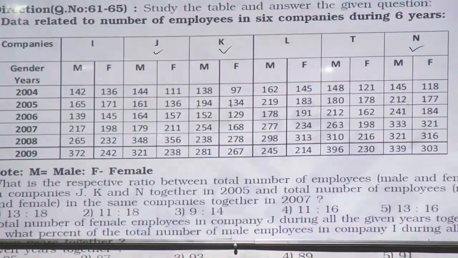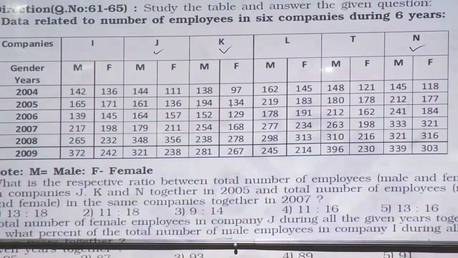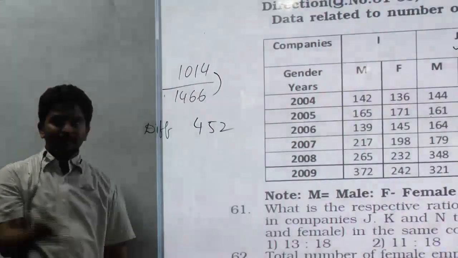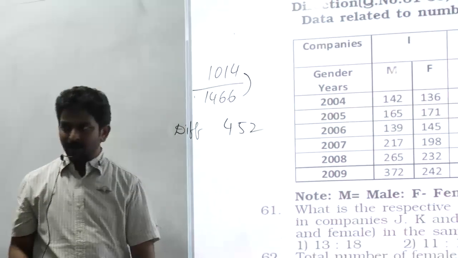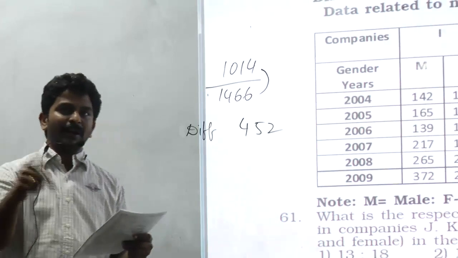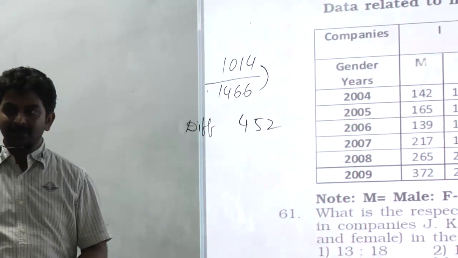What is the difference between numerator and denominator? 452. Look at your first option. What is the difference between numerator and denominator in your first option? 5.